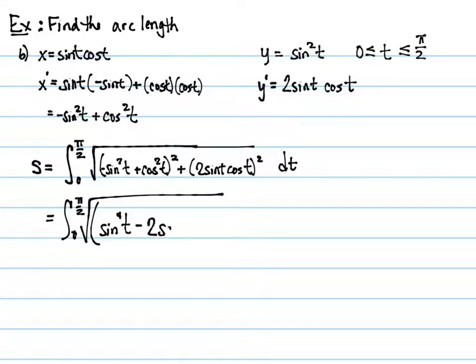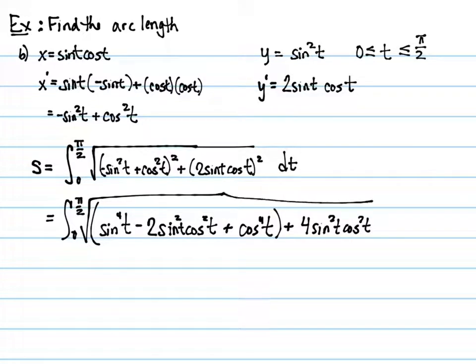So it's negative 2 sine squared t cosine squared t. There we go. And then I have cosine to the fourth t. And then at the end, I now have 4 sine squared t cosine squared t dt. Do you see any things that can combine together?